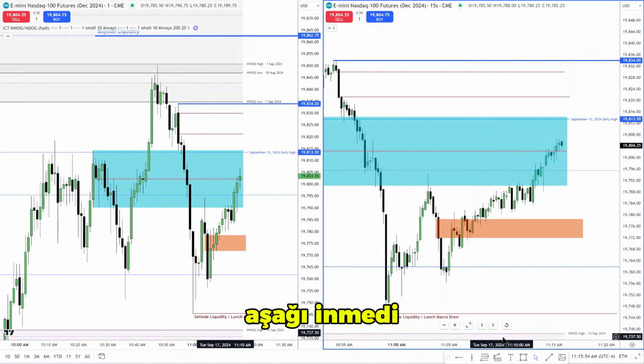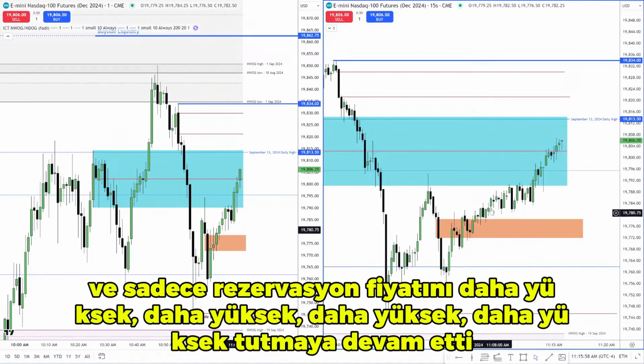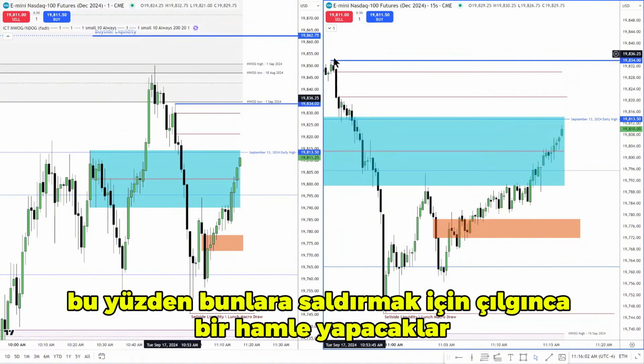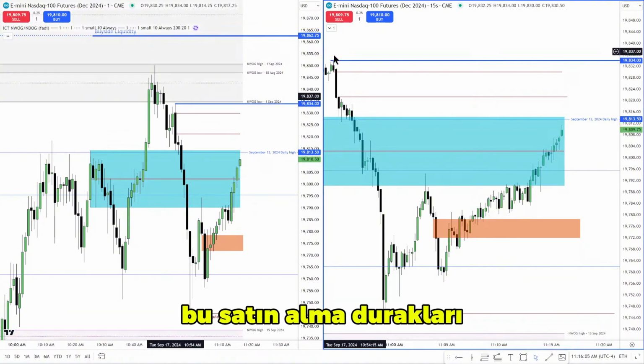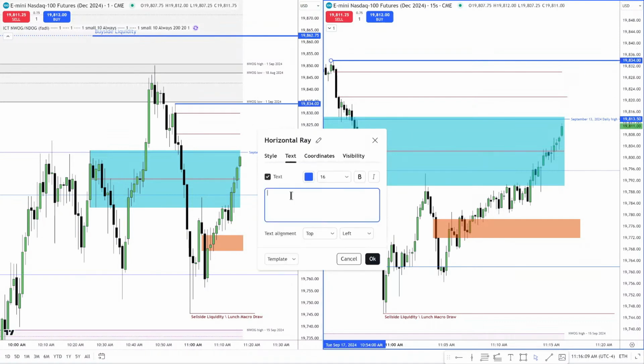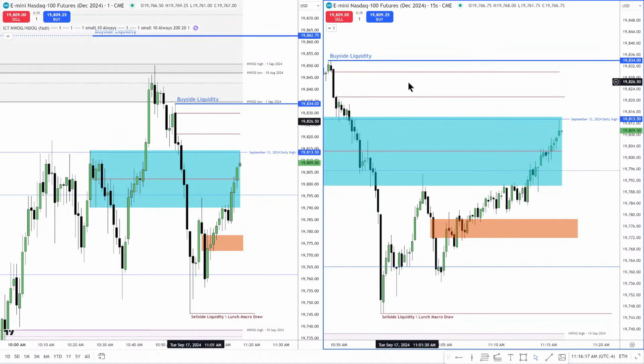It did not come down to hit this area here. It just kept booking price higher, higher, higher. So they're going to make a mad dash up to attack these buy stops. I see these trolling today.